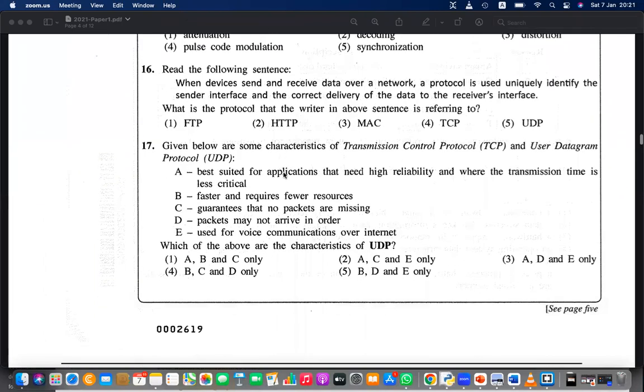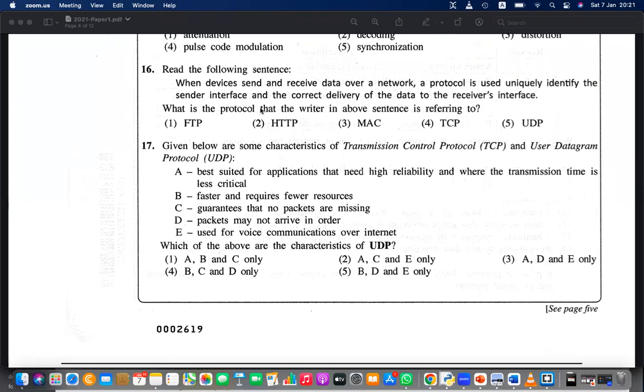Read the following sentences. When devices send and receive data over a network, a protocol is used to uniquely identify the sender interface and correctly deliver the data to the receiver's interface. Which protocol is the above sentence referring to? Question number 16.